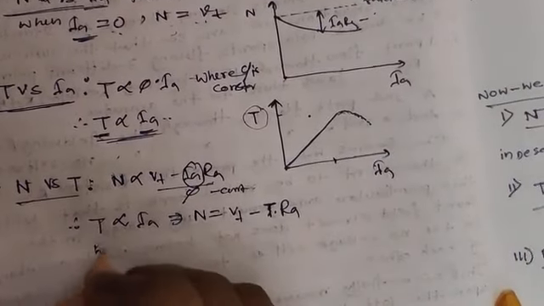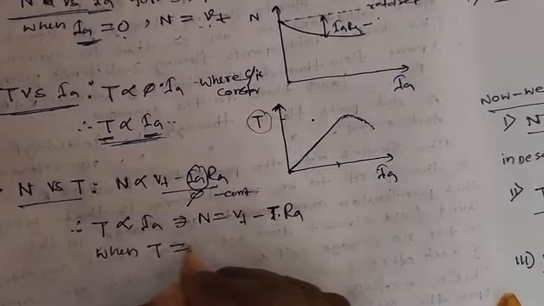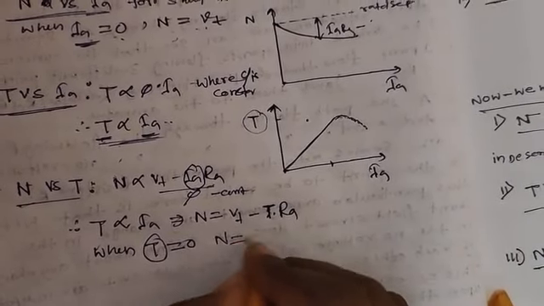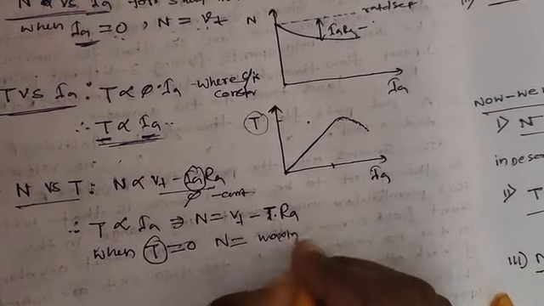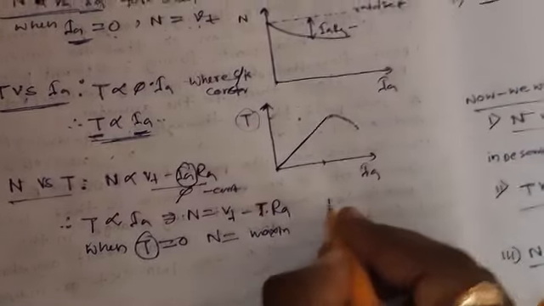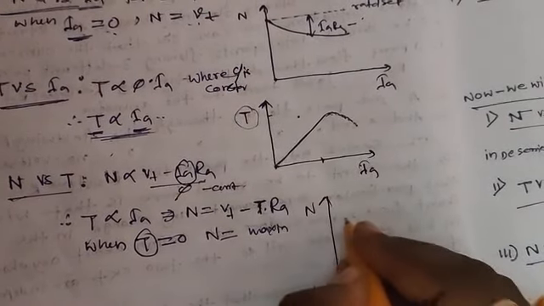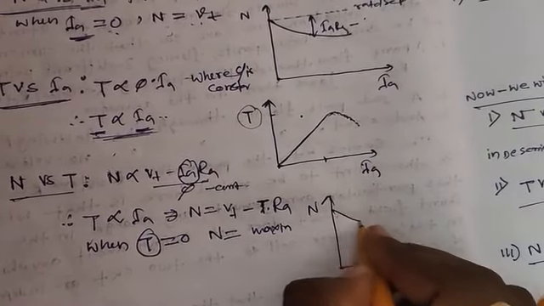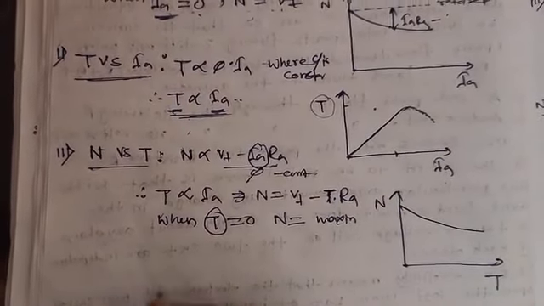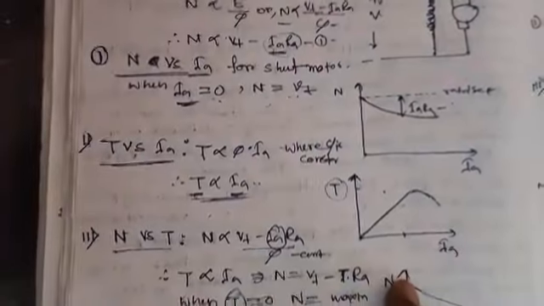When T is equal to 0, torque is 0, then at that time speed N is maximum. The speed versus torque curve is this. All these curves are the characteristics of the DC shunt motor.